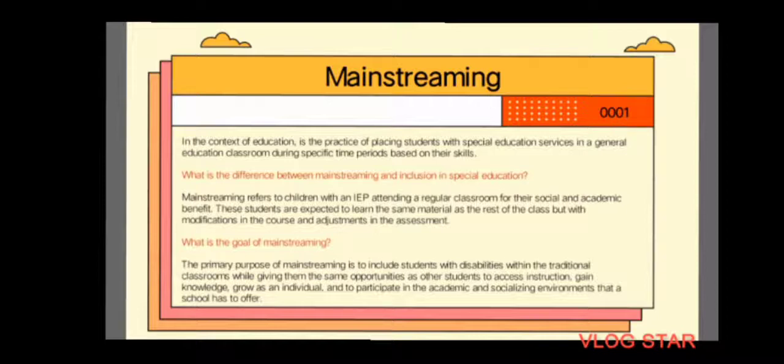So, what is the goal of mainstreaming? The primary purpose of mainstreaming is to include students with disability in the traditional classroom while giving them the same opportunities as other students to access instruction, gain knowledge, grow as an individual, and to participate in the academic and socializing environment that a classroom has to offer.